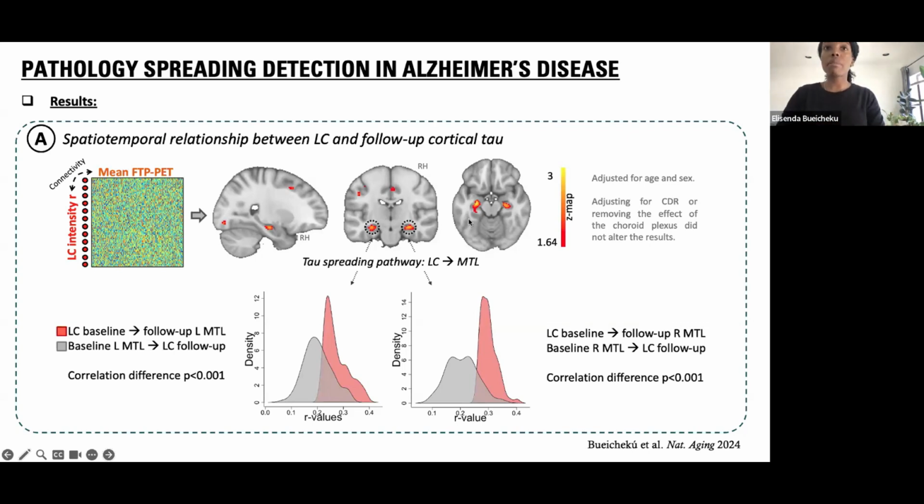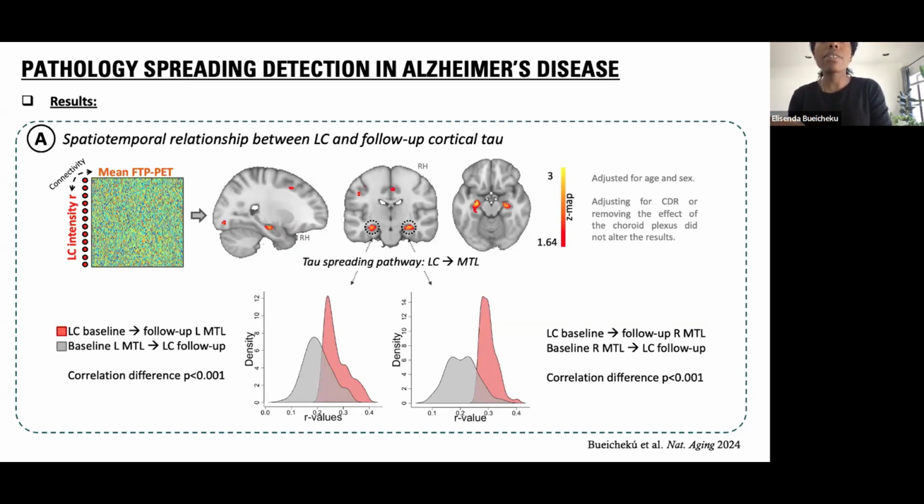And to make sure that the pathway was in that direction, we extracted the correlation values, and we did a computation in which we tested our hypothesized pathway, that tau damages first the LC and then damages the medial temporal lobe.